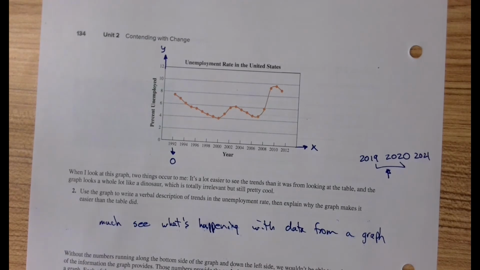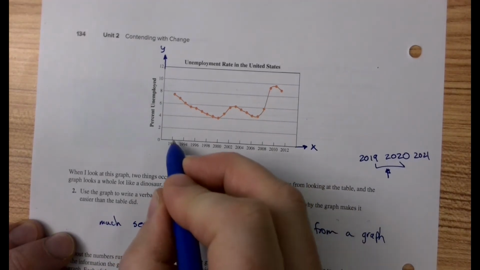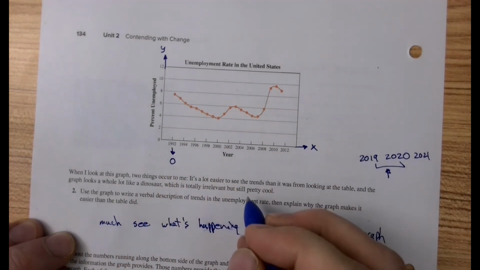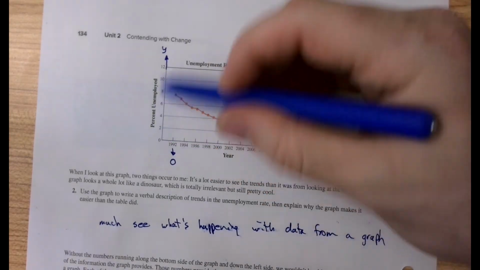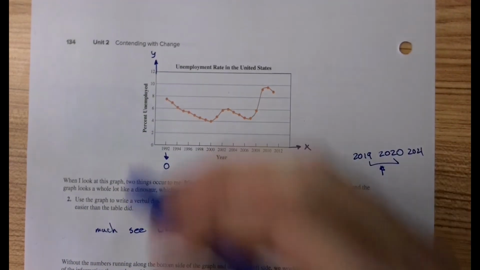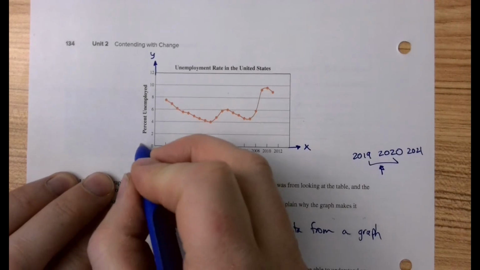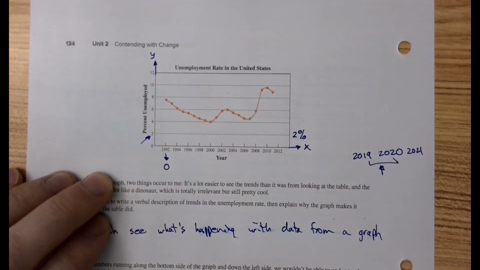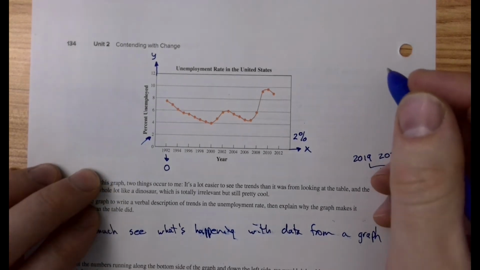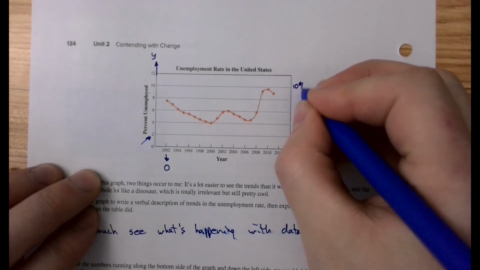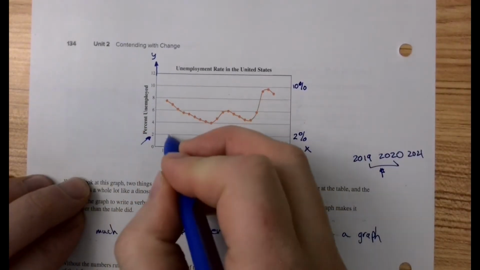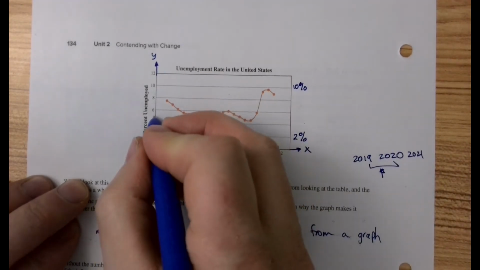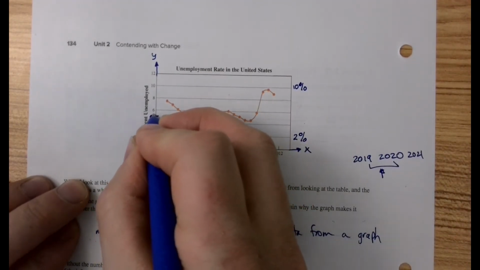Notice we have steps of 1 between each tick mark. And then on the y-axis, this is the percent unemployed. So these numbers are actually 2%, right? This line represents a 2% unemployment rate, which we never reached. This line up here is 10%, and there are steps of 2% between each of these lines. So halfway between would be 5%.